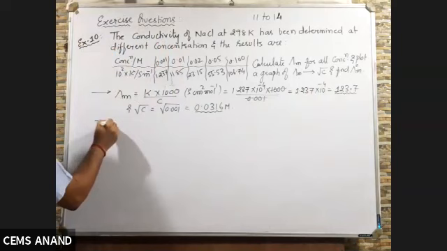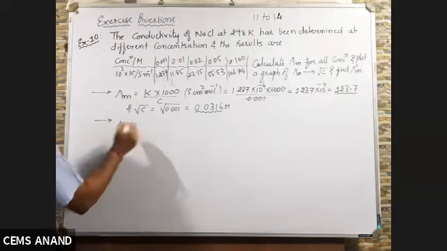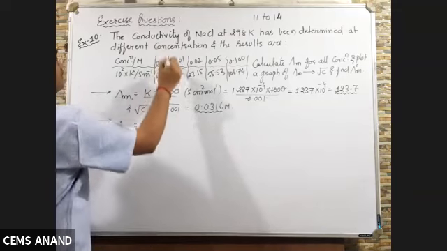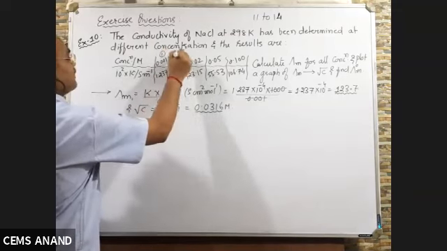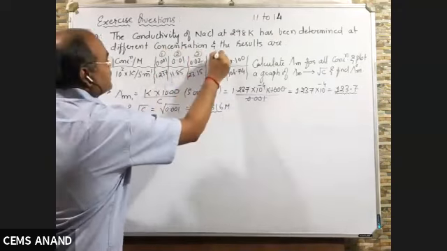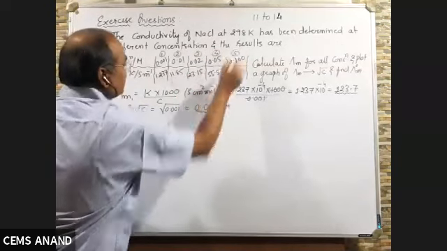Similarly, you can find out lambda m2. This is lambda m1, this is lambda m2. I am finding it out for 2. This is 1, 2, 3, 4, 5, so 5 values I will get.